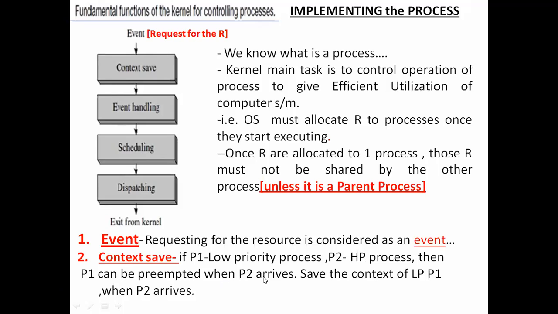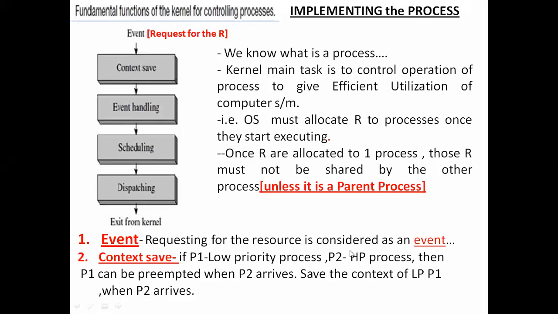Initially the CPU will be executing the P1 process, and if the high priority process P2 occurs, the OS will stop the execution of P1, and the context of P1, or the information of the P1 process, will be stored on the stack, and the CPU will be allocated to the second process P2. Why? Because P2 is of higher priority.